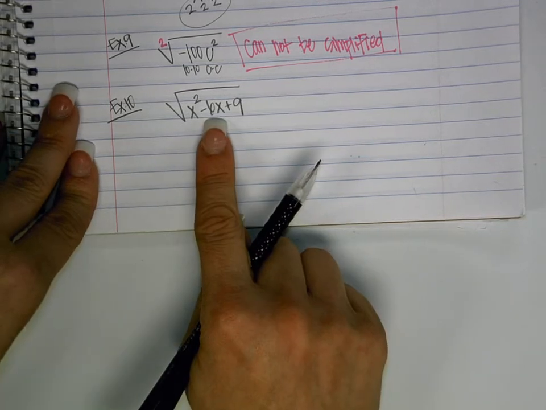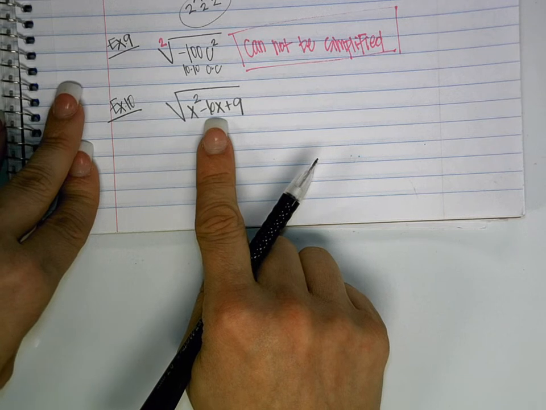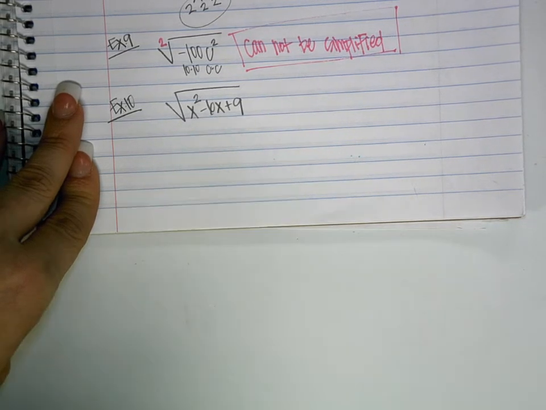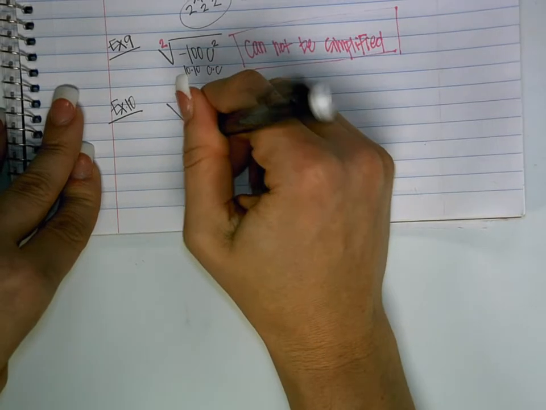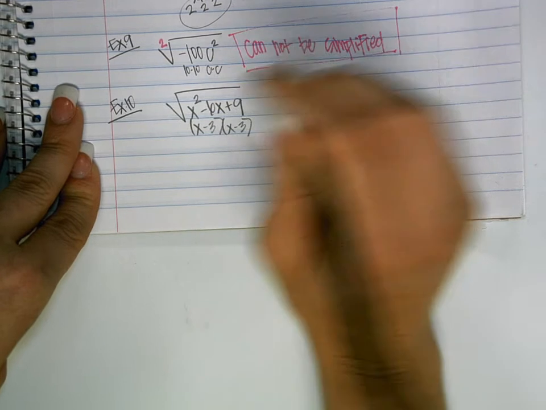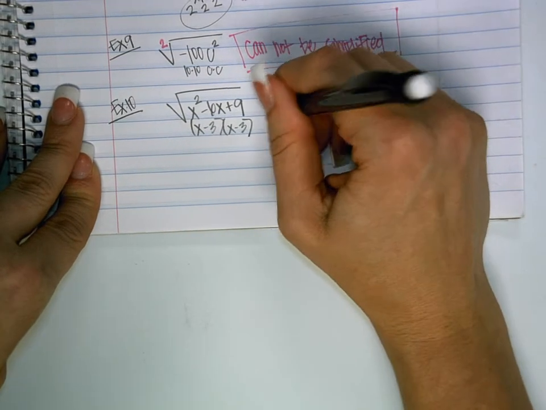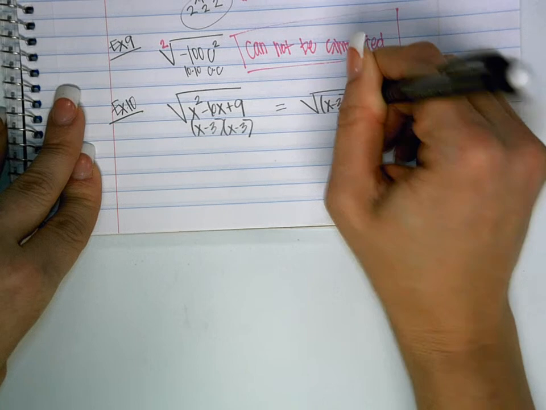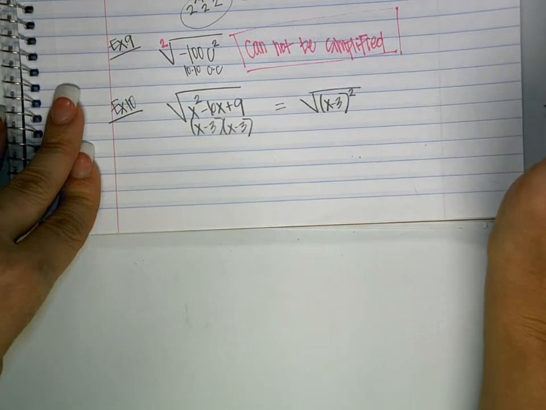Is there another way to write this? How else could I write x squared minus 6x plus 9? You could factor it, right? This is x minus 3 and x minus 3. So would you agree that I could write this as equivalent to root x minus 3 squared, right? Does that work?